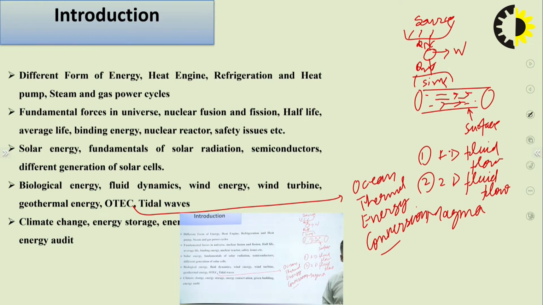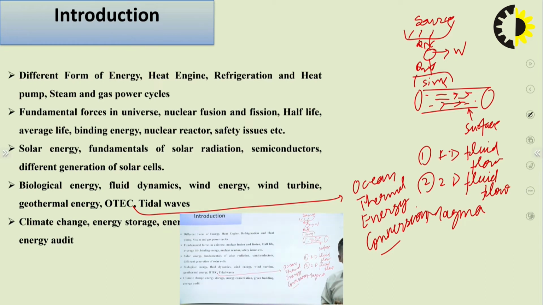Then tidal waves are there. This is again a source of energy, and this works when there is a gravitational pull or gravitational force, because of the lunar and solar effect.